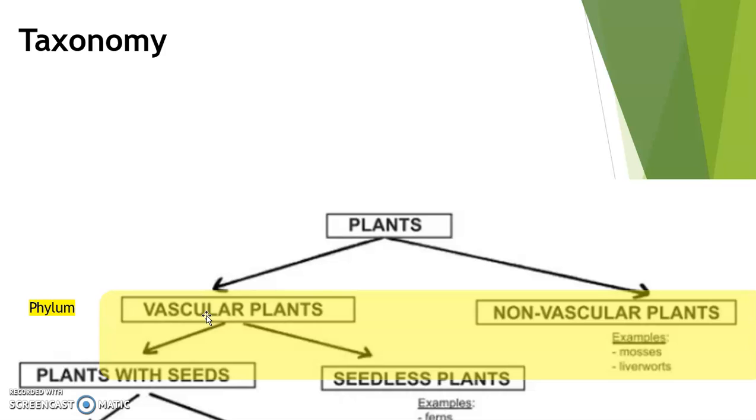Non-vascular plants are simpler plants, and they have no system for moving around water and nutrients, so they have to remain very low to the ground. And in fact, these are mosses and liverworts, which are very low to the ground plants.